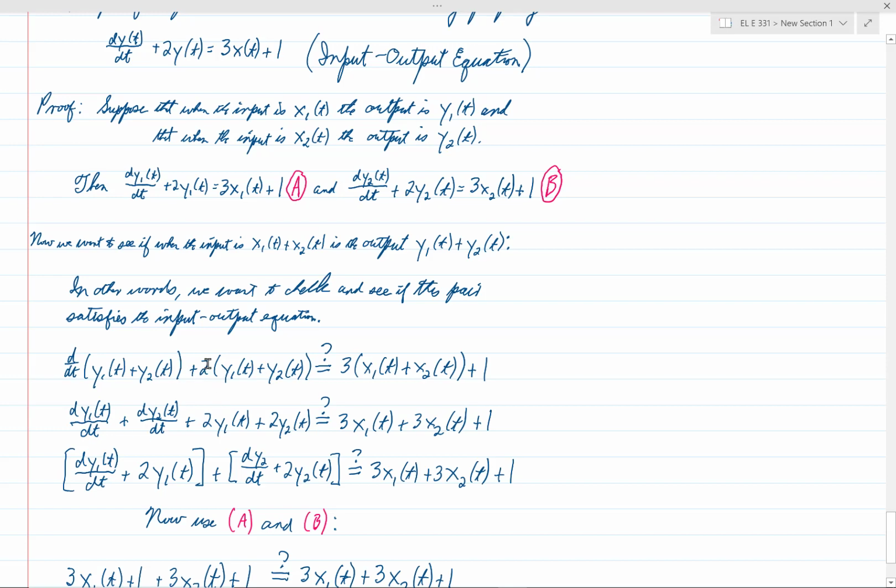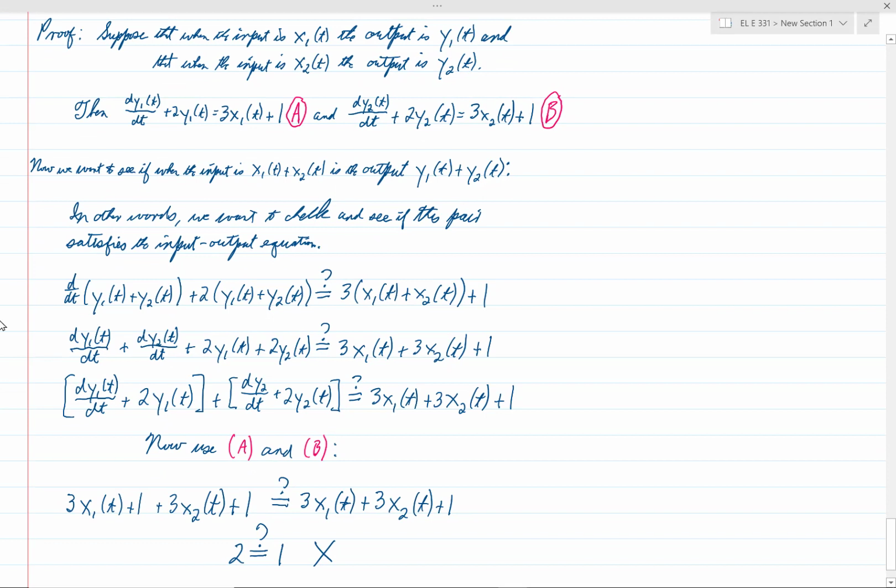And then when we multiply 2 times y1 plus y2, we get 2y1 plus 2y2. On the right-hand side, 3 times x1 plus x2 becomes 3x1 plus 3x2. Bring down the 1. Then, as before, we will regroup the terms on the left-hand side, grouping together everything involving y1 in the first brackets and everything involving y2 in the second brackets.